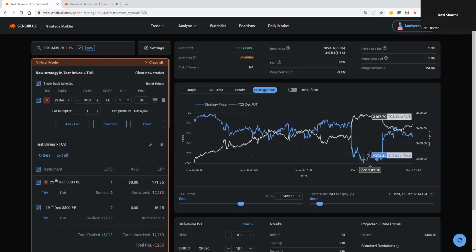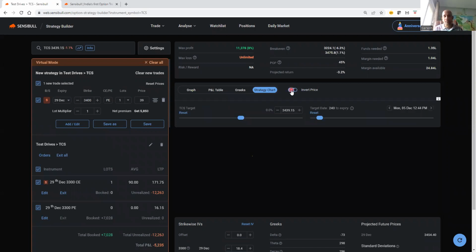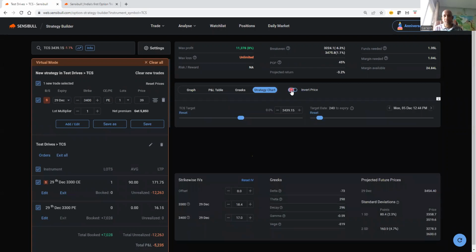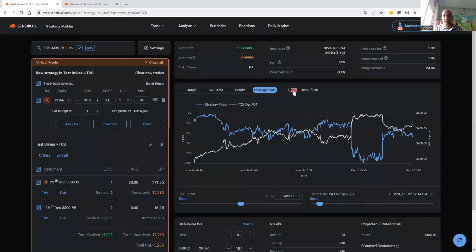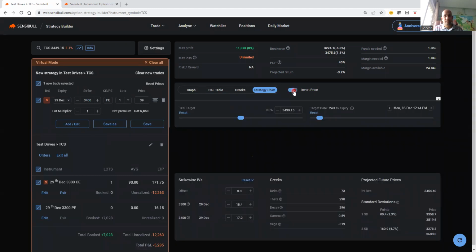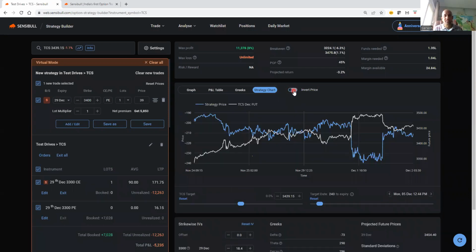There is an option called invert price. If you click that, the figure changes suddenly. Showing nothing. So I never explored this. Really, invert price and what is this, I don't know. You people can explore and maybe let us all know if this is actually very useful.